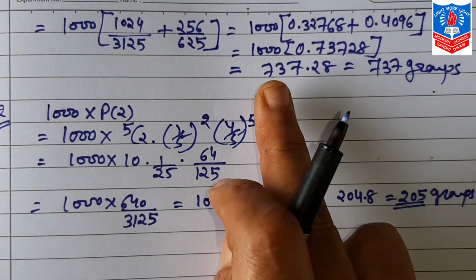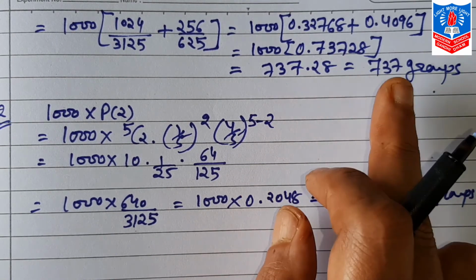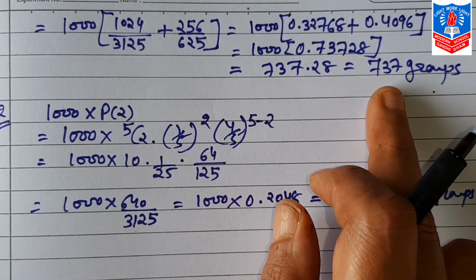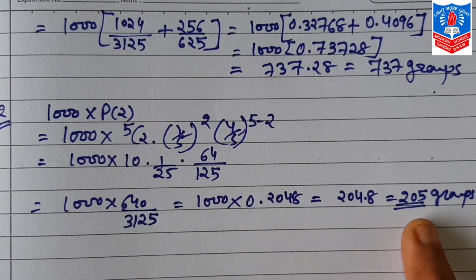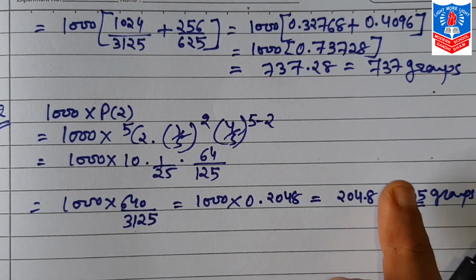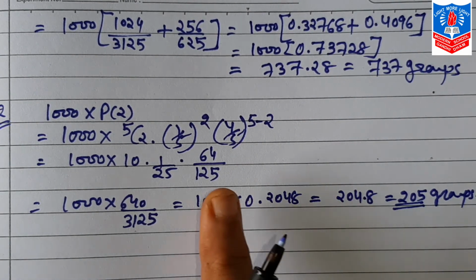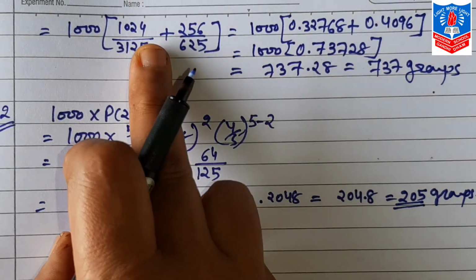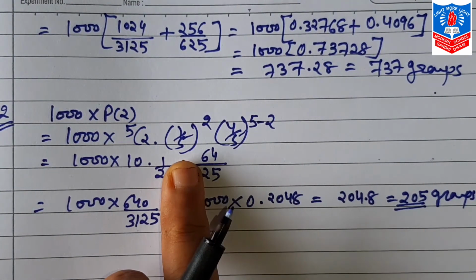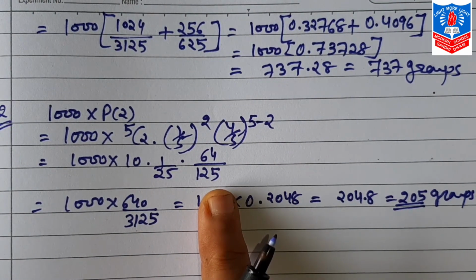While in this 737.28, it is less than 0.5, so we have taken the same figure 737, and here it's 0.8, so we take 205. So this is how we solve where P and Q values were given and X values were at the most and here 2 housewives.